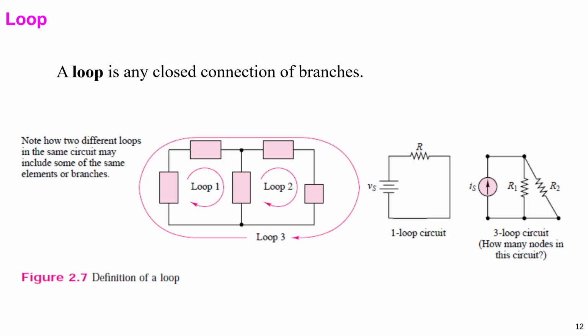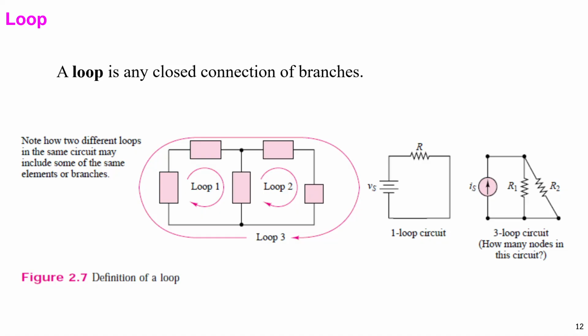And we can also define the loop in the circuit. The loop is any closed connection of branches, any closed path. The circuit can work only when there is a closed path. An open circuit will not operate, because the current cannot flow.